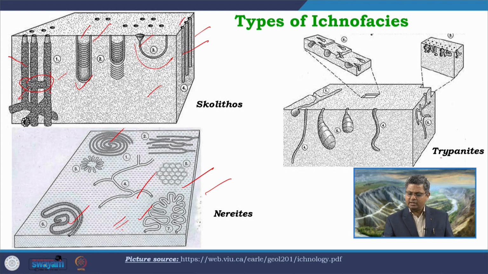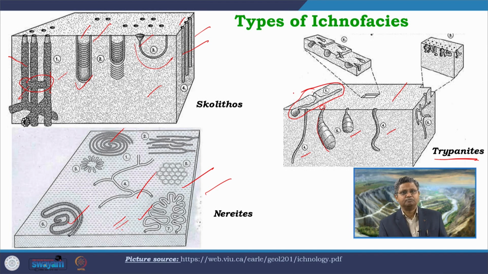Similarly, if we look at the hard rock, this is a hard rock. So here what we are getting is a boring. So we are getting organisms making this kind of hole within the hard rock. So this is a hard ground ichnofacies called Trypanites, where we get different types of borings. So when we are getting a boring, this is basically an erosion, as you can see in this diagram.